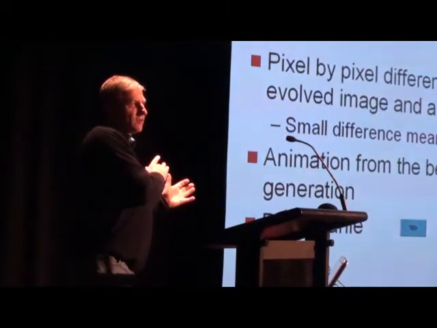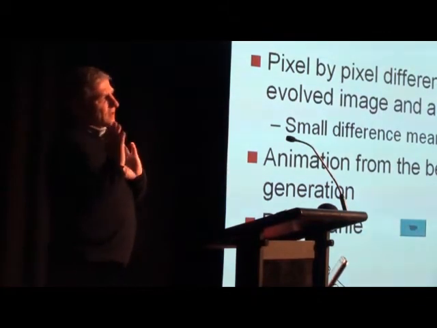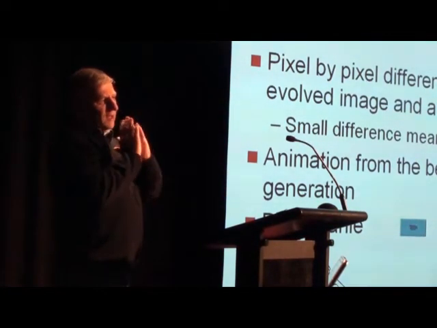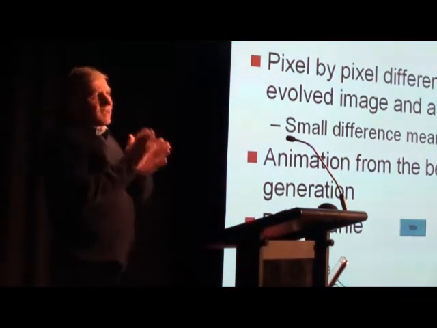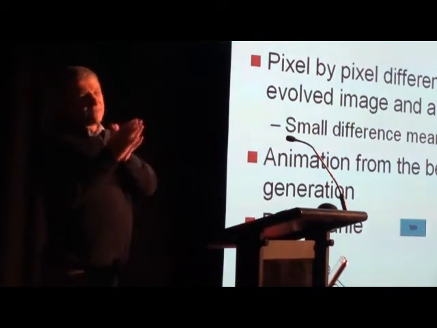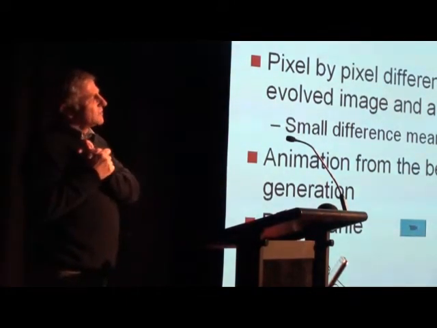One of the things that we noticed early on is that by looking at the evolutionary process, you could see that each generation, the best individual sort of gets better and better.